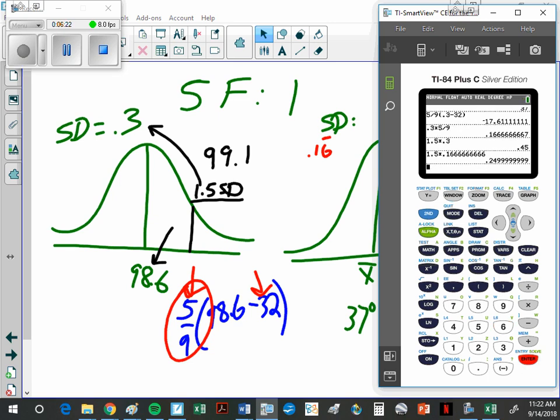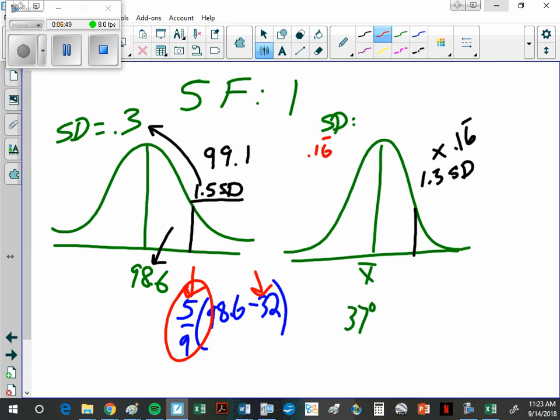Okay, what does that number tell me? In what unit? In Celsius degrees. 0.25 Celsius degrees greater than average. So I'm going to add 37 and 0.25, and I get 37.25 degrees.